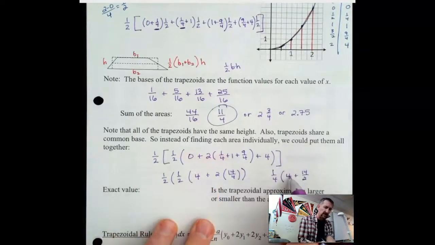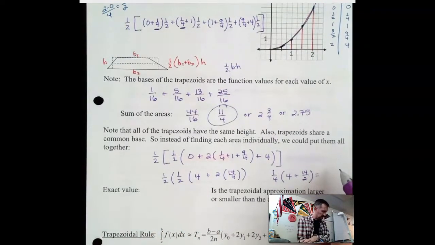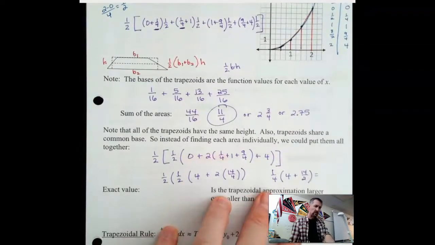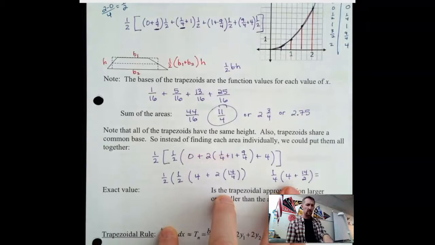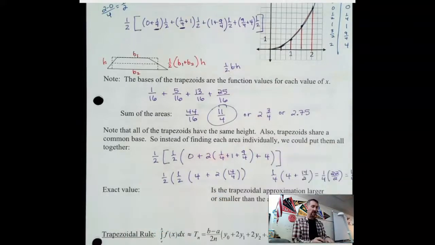So this is going to be 8/2, so that's 22/2, which reduces to 11, so that's 11/4, which is the same thing we had there.